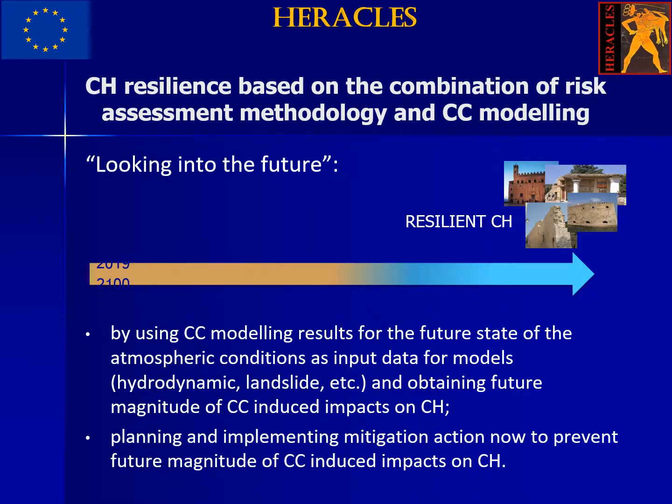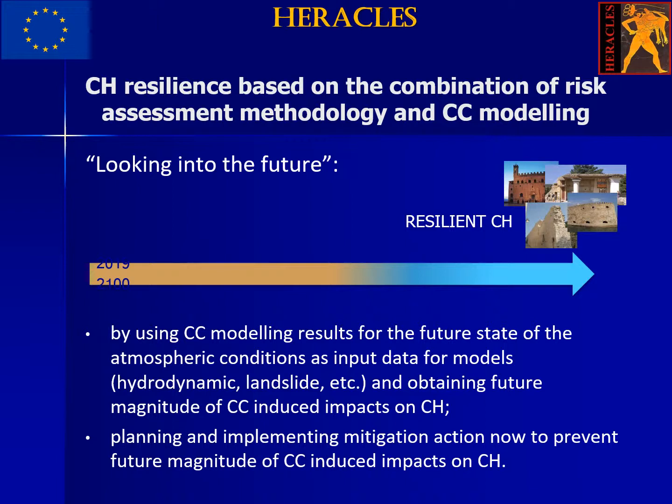The whole cultural heritage resilience approach is based on a combination of risk assessment methodology and results from analysis of climate change modeling. By using climate change modeling results for the future state of the atmospheric conditions as input data for models, hydrodynamic, landslides, etc., thus obtaining future magnitude of climate change induced impacts on cultural heritage.